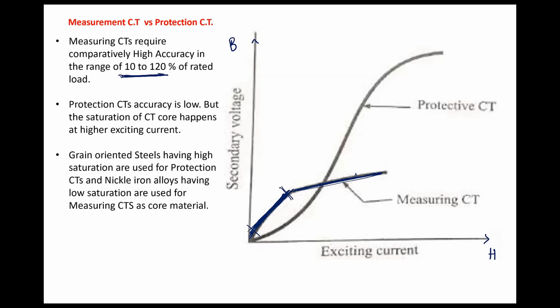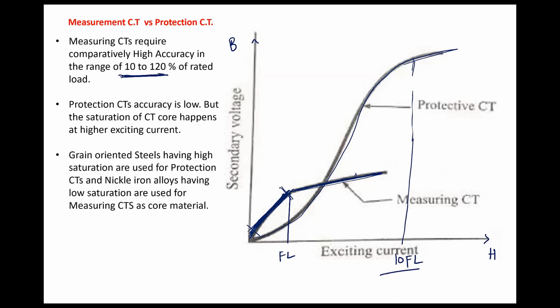Why? Because it needs to sense the current over a long range. Suppose this is the full load current. The current where it gets saturated is approximately 10 times full load current.